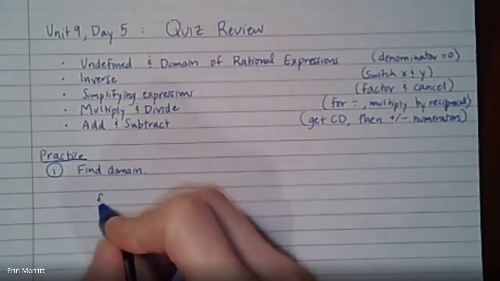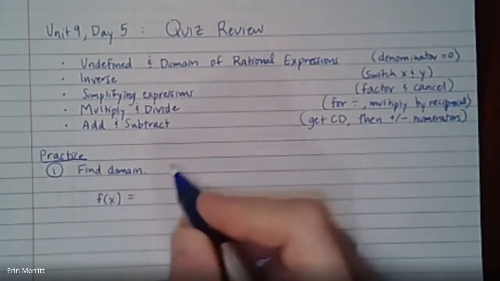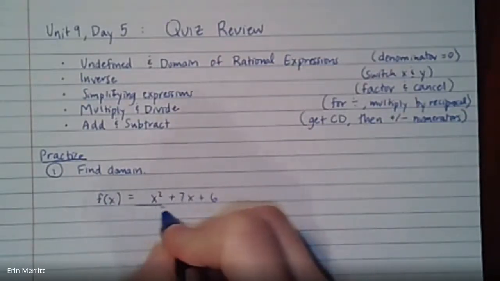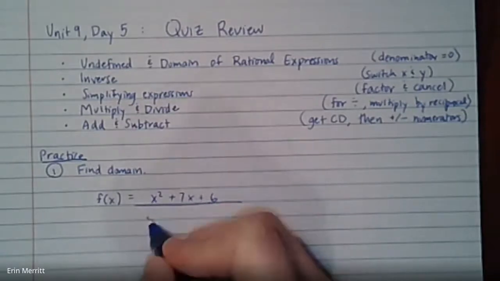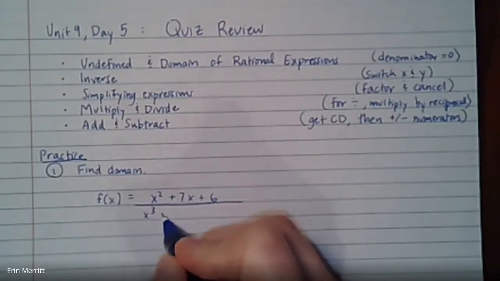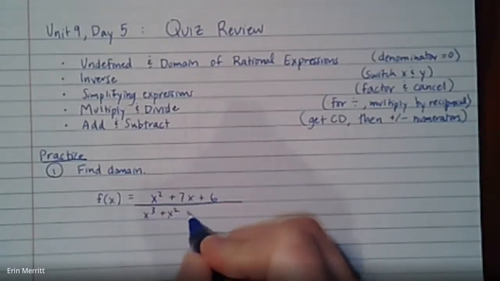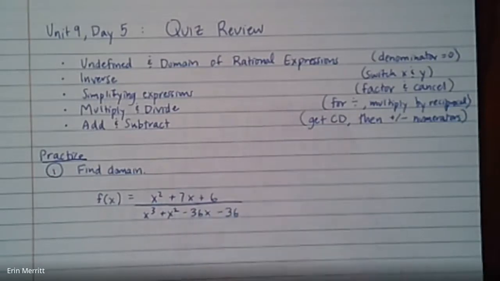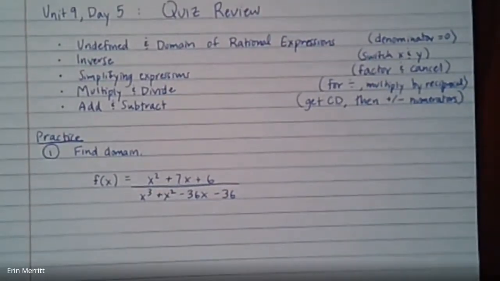So I'm going to give you f of x equals x squared plus 7x plus 6, all over x cubed plus x squared minus 36x minus 36. Keep in mind, if the question said to simplify it, we'd factor everything.